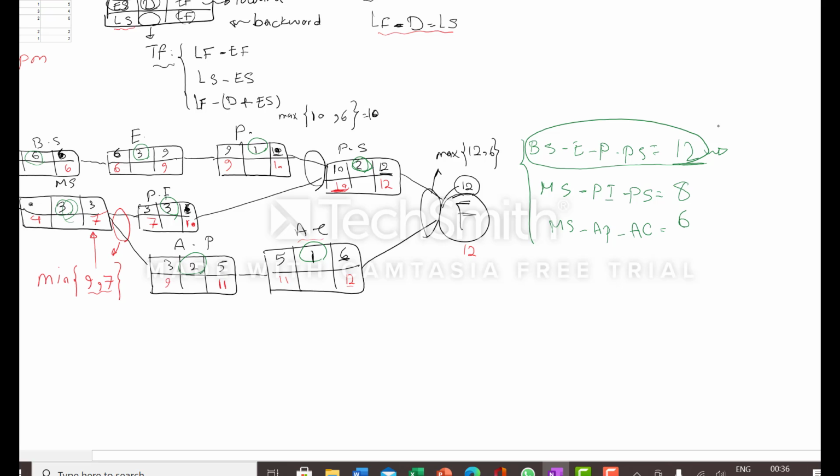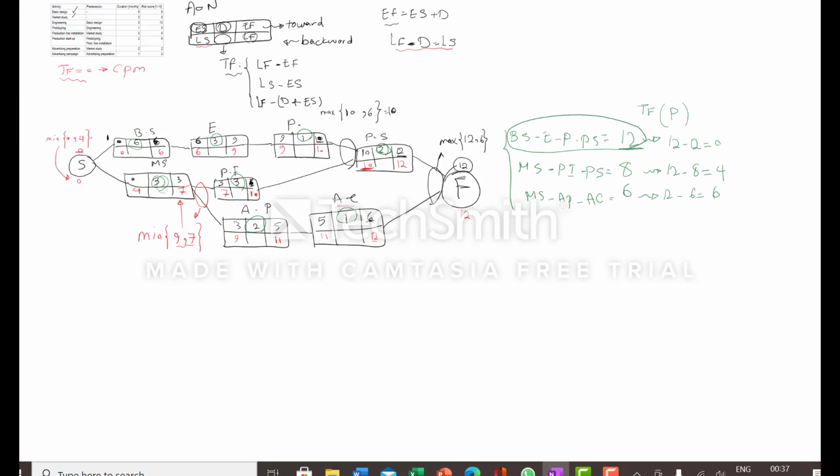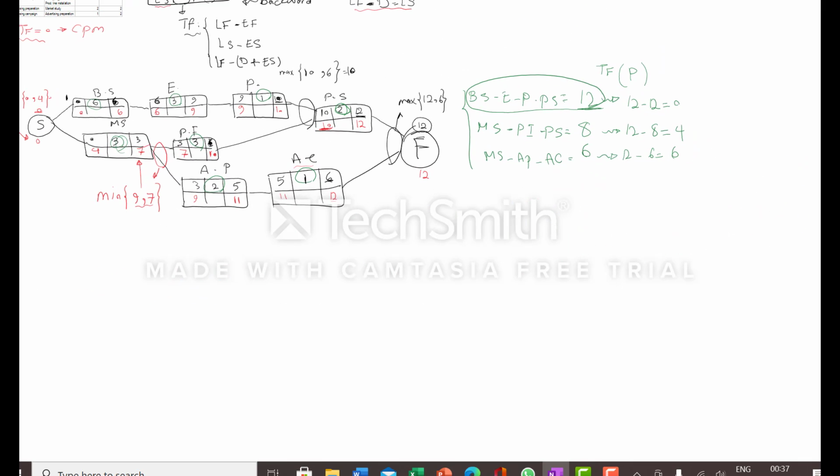The total float of this path is (12 minus 12), 0. But the total float of this path is 4, and the total float of this path is 6. Now I want to compute the total float for each activity.